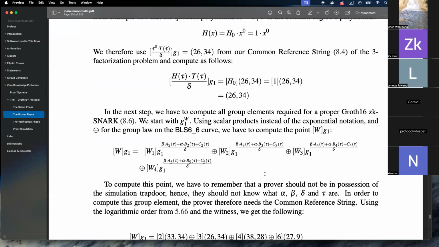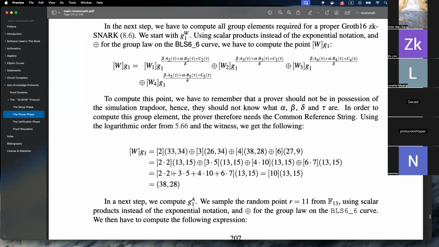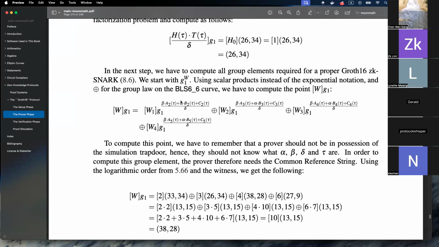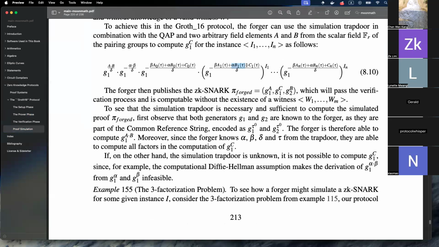I don't think they have a full thing here. But if we know that, we can just do this calculation, and then it's very easy for us to compute G1 and C.